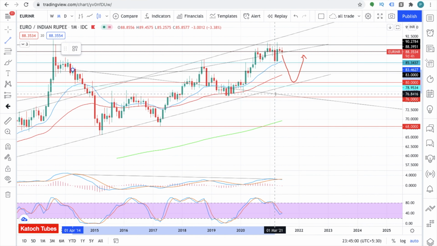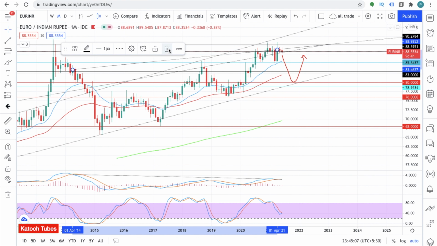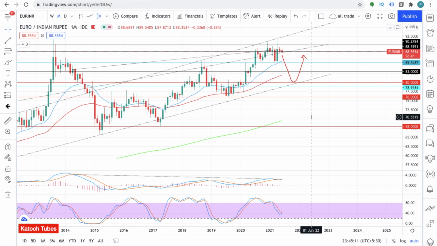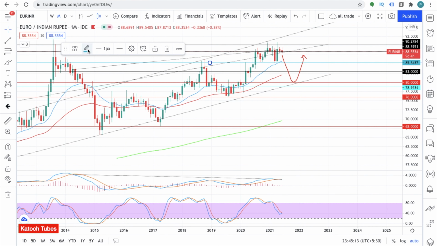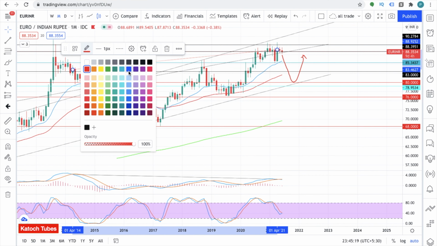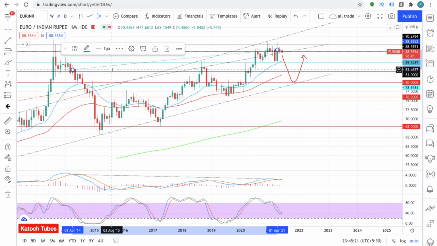You can see it's the close of this. So this is the line. Let me mark it a different color for clarity. Red. Oops, red is not visible. Let it be this color.